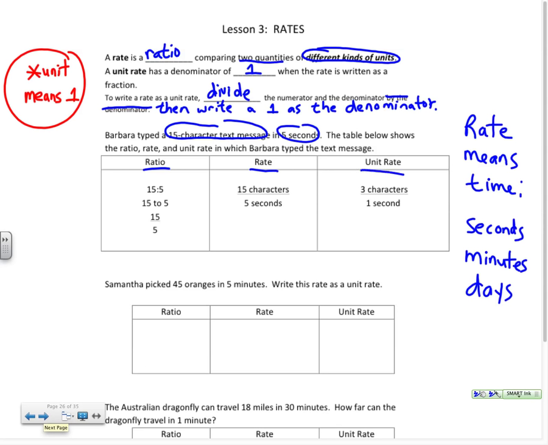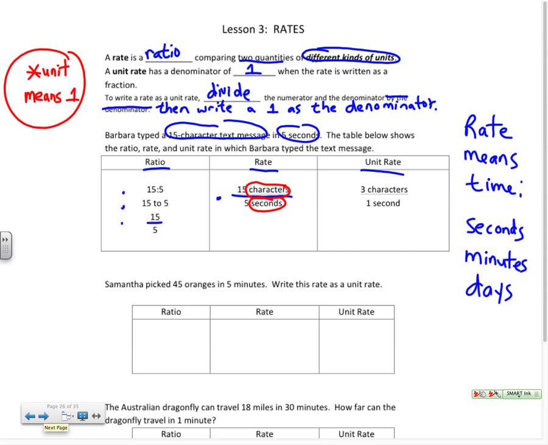So here's some examples: 15 to 5 with a colon, 15 to 5 in words, and 15 to 5 as a fraction. Our rate, usually you write a rate in fraction form, so 15 characters to 5 seconds. And notice we added the word characters and the word seconds. We do that just to make sure we set the problem up correctly, characters to seconds, and the time or the rate is usually at the bottom.